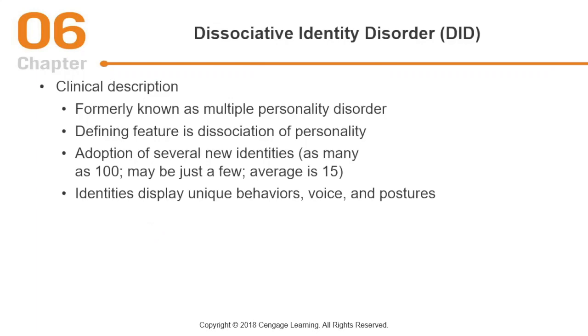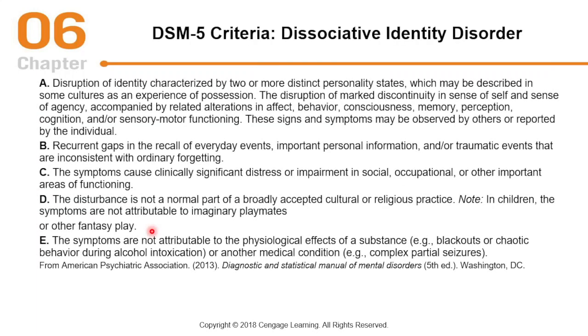Okay. Next is this one. What's the DSM-5 diagnostic criteria for DID? There is a disruption of identity characterized by two or more distinct personality states, which may be described in some cultures as an experience of possession. But in this instance, this is not possession per se, because we're looking at it from a scientific perspective.